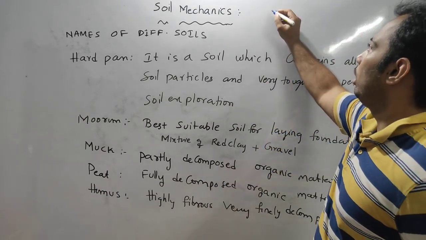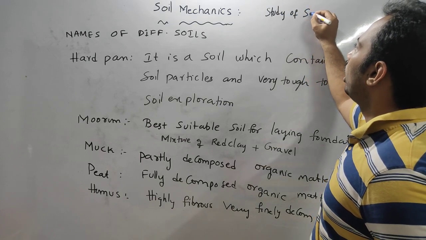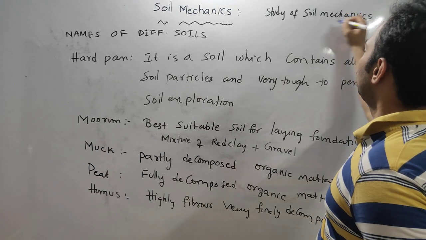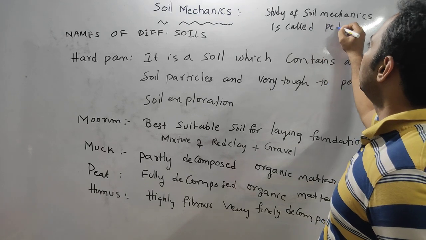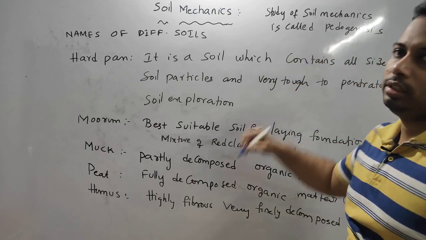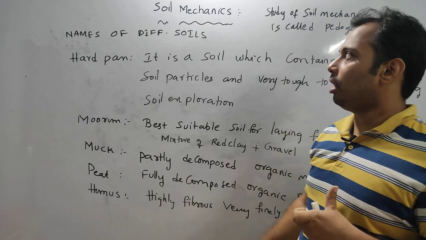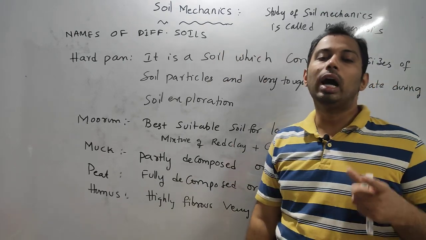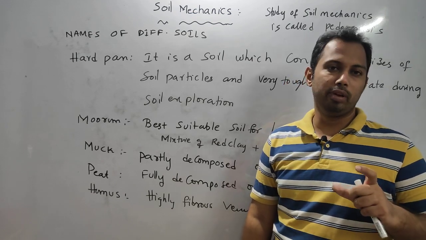So the study of soil mechanics is called pedogenesis. Pedogenesis is a study of soil mechanics. The other term of soil mechanics is this. And for soil mechanics, the hydrological and mechanical aspects we need to study.